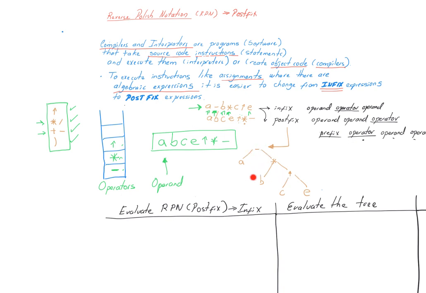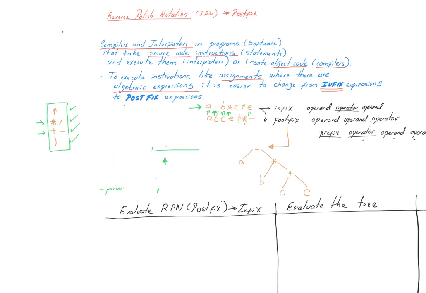So I'm going to explain now one algorithm that we can use to get that tree out of a postfix expression. The way you do that is you have, let's call it, a horizontal stack.